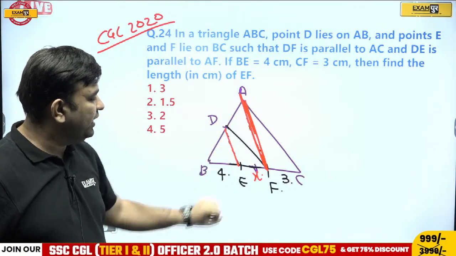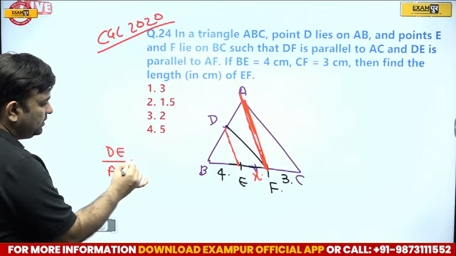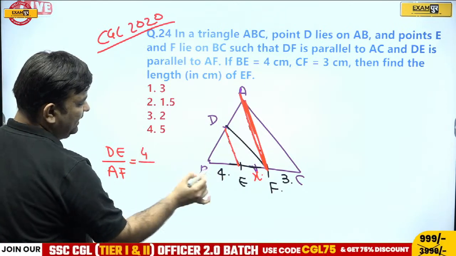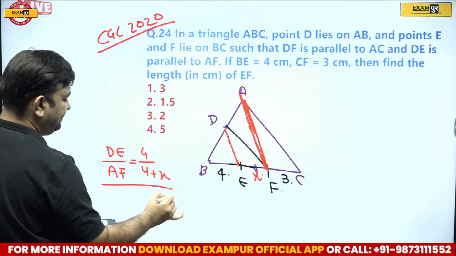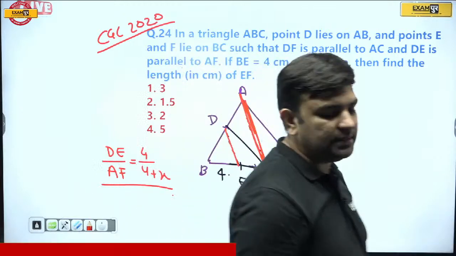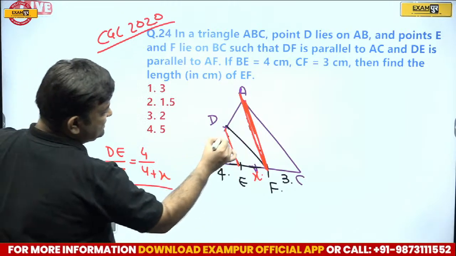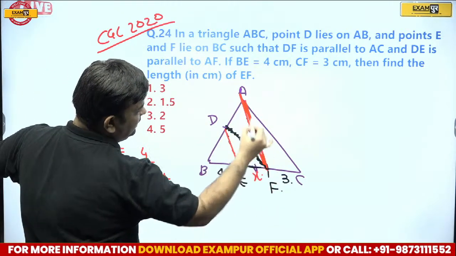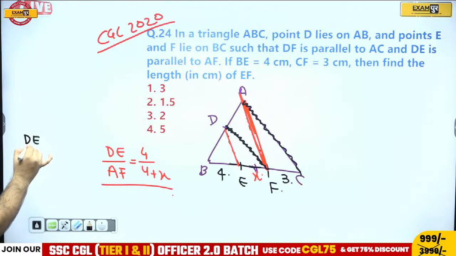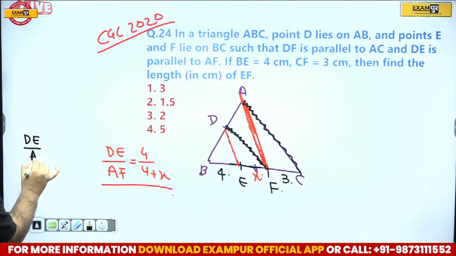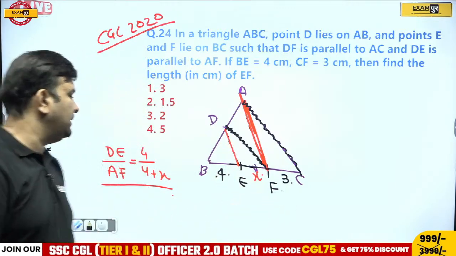So DE ratio AF: DE is 4 and AF is the complete 4 plus X. DE ratio AF is 4 upon 4 plus X. If you go with this triangle, then DE ratio AC is, DE ratio AE is 4 plus X upon 7 plus X.